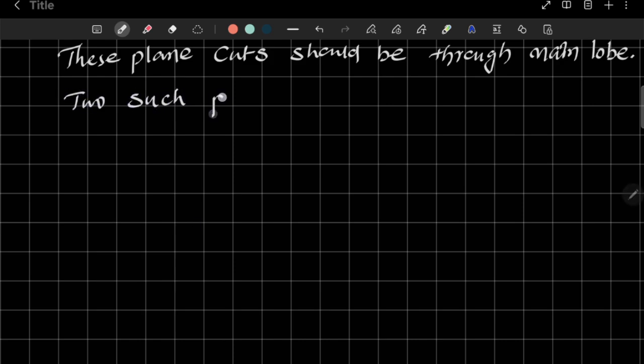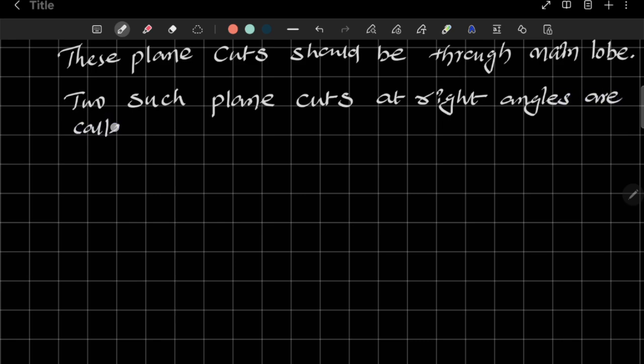Two such plane cuts at right angles are called principal planes. Okay, two such cuts are called principal plane cuts, and those patterns are principal plane patterns.